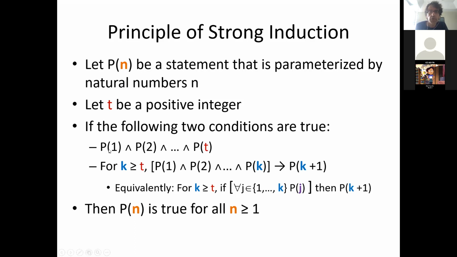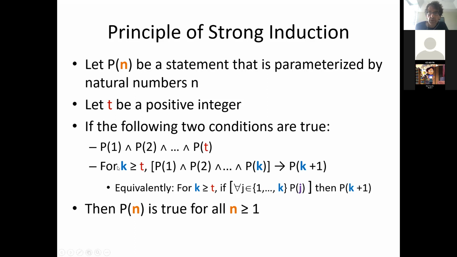If you know that the predicate holds about a few consecutive integers from 1 to t, and that's your modified base case. For the case of a simple induction, this was just one statement, that the predicate is true about 1 point. In a strong induction, it's a range of points.